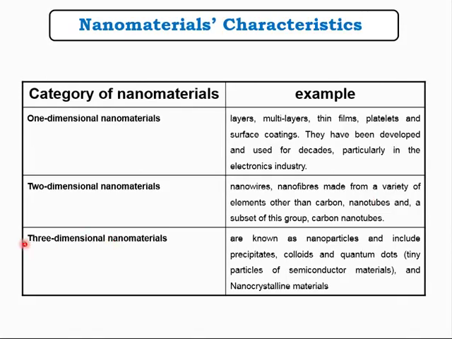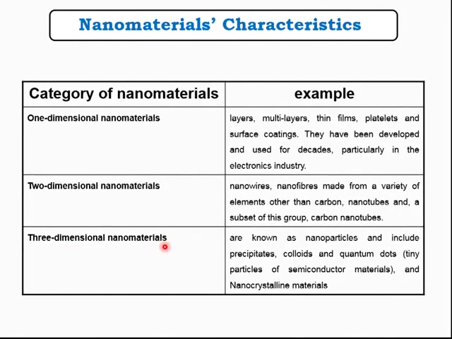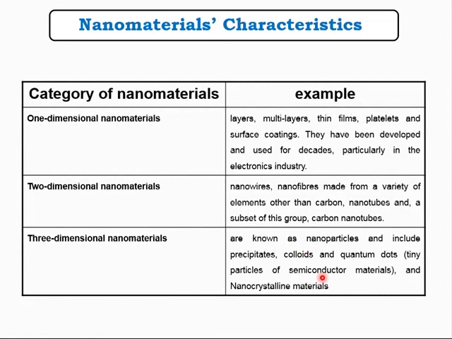Then we move to the three-dimensional nanoparticles. The three-dimensional nanoparticles are those in which none of the dimensions are confined to the nanoscale. This diverse class includes bulk powders, dispersions of nanoparticles, aggregates of nanowires, nanotubes, and layered structures.